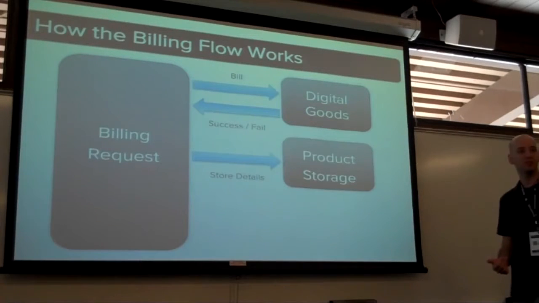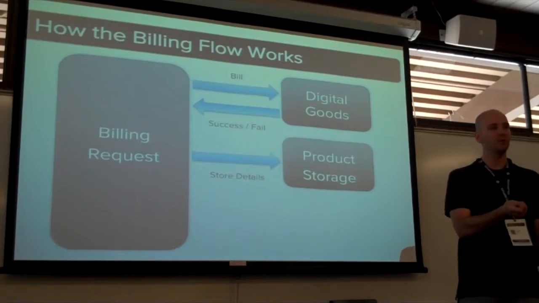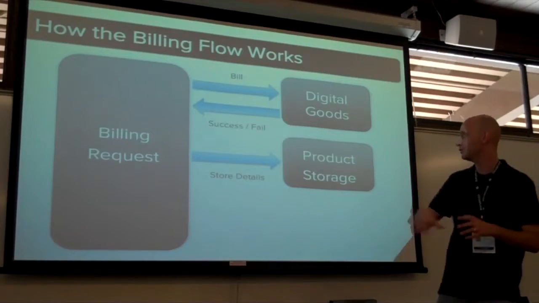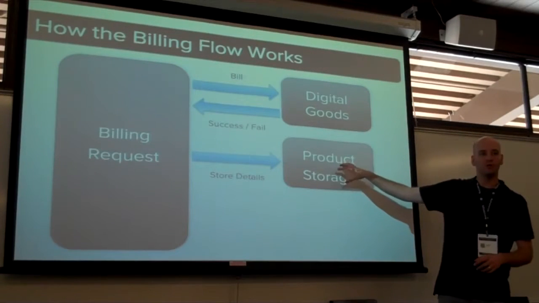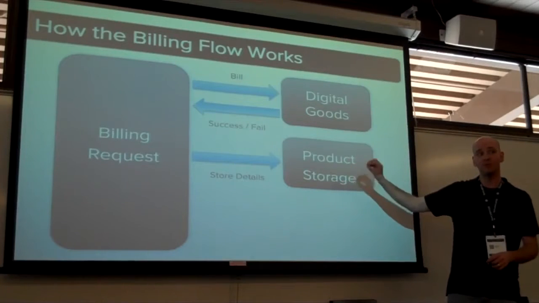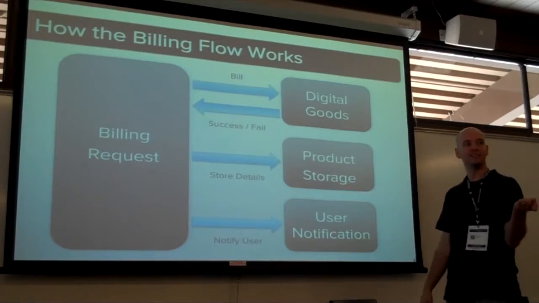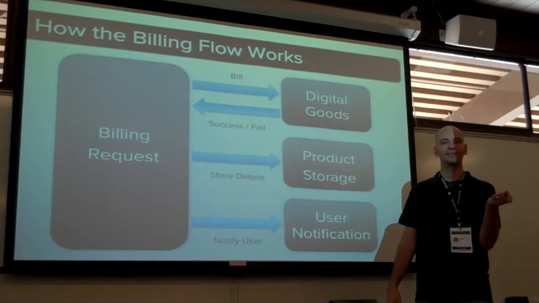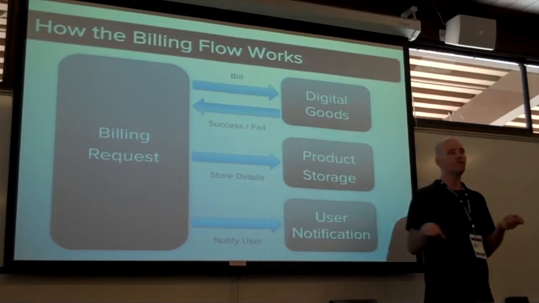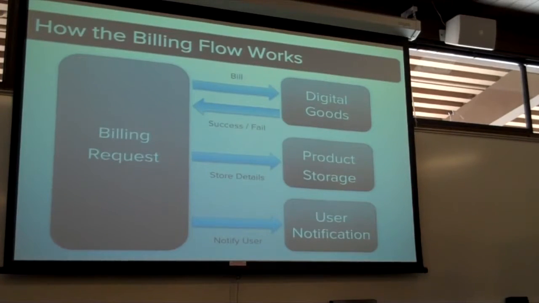Then in turn, we push the store information, basically what was purchased, the product information, to local storage and, if you have the hook set up, to your purchase storage. And then we have that success handler or the fail handler to handle user notification. So if you want to notify the user after the fact, load up the success.php or cancel.php, you can do that by binding to the success and fail cases in the jQuery AJAX request.